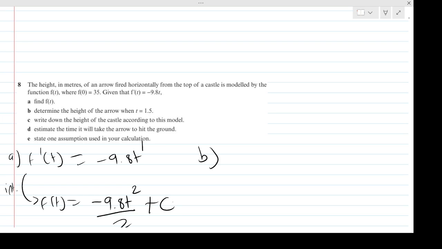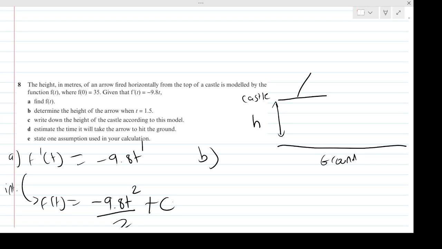The idea is an arrow is fired from the top of a castle. So if you imagine we're on some platform above ground, say that's the ground level. We start from the castle, which obviously is some meters above the ground, like has a height of h above the ground.